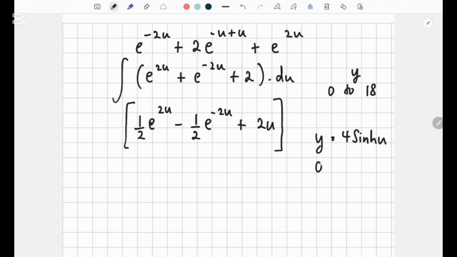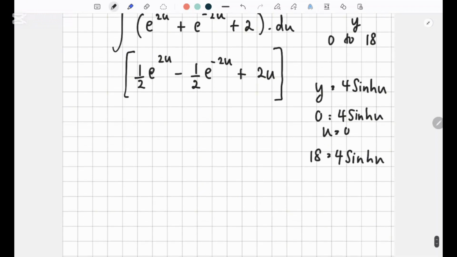So when y equals 0 for sinh u, you find what's u. So sinh inverse 0 is 0, u equals 0. And when y equals 18, u equals 18 divided by 4, which is 9 over 2. So u equals sinh inverse 9 over 2, right?